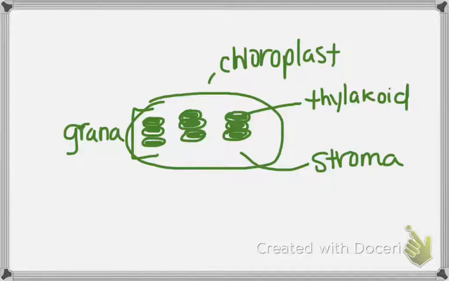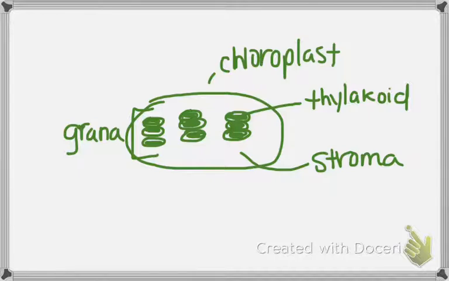Alright, so that's your chloroplast structure. Now let's highlight. Thylakoids are the little green discs. We call them pancakes. They contain the pigment chlorophyll, so please highlight that. Then the number 1 under thylakoid is very important. Please highlight: it's the site of the light reaction of photosynthesis.